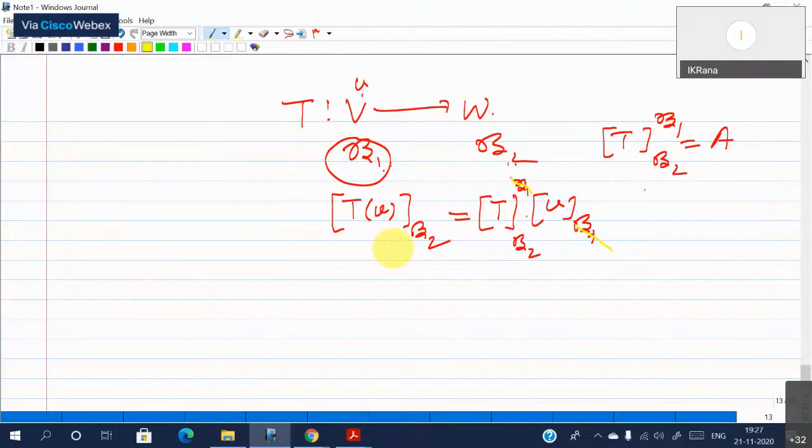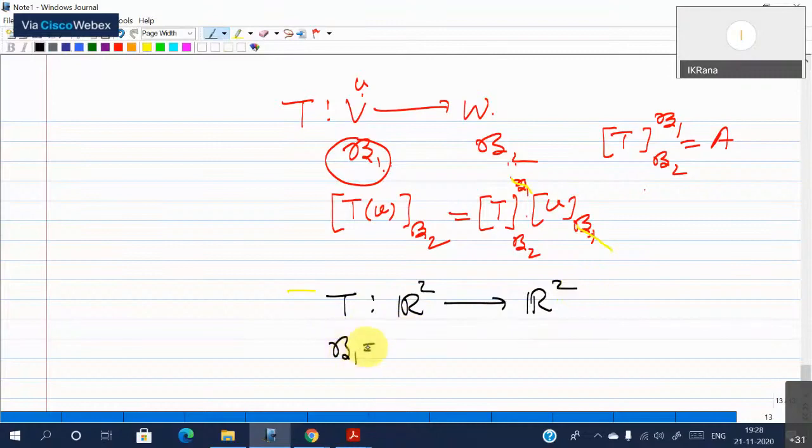So probably you try to redo it, but keep in mind what is the basis here, what is the basis there. For example, let me give you one exercise straight away. Let's take a map T from R2 to R2.